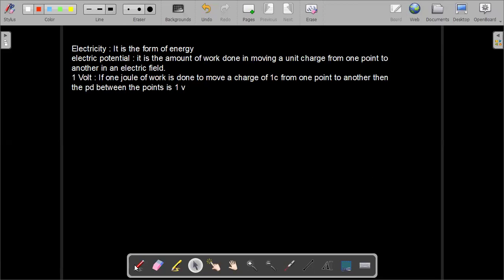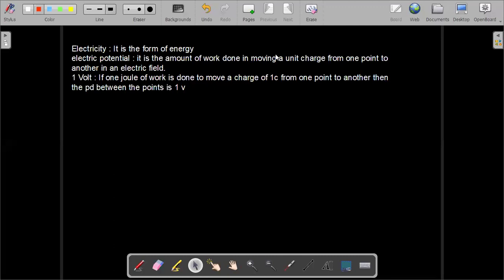Okay, so see, this is all which you have written. First of all, we defined electric potential, then we defined 1 volt. So electric potential is the amount of work done in moving a charge of 1 coulomb from one point to another in an electric field. So you also call it work done per unit charge.